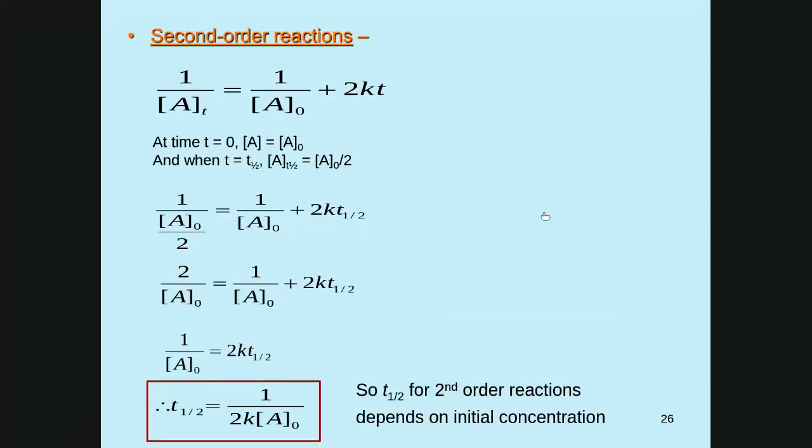All right, now let's move on to the second order reactions. And the only one that we have analyzed in detail was that for the homomolecular process. So two A molecules coming together to form product.